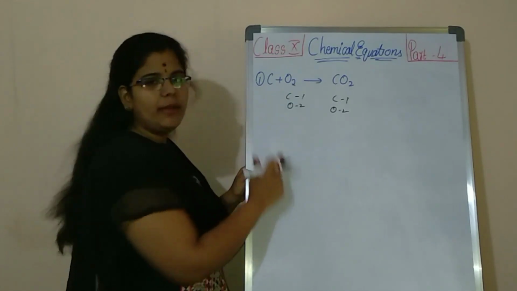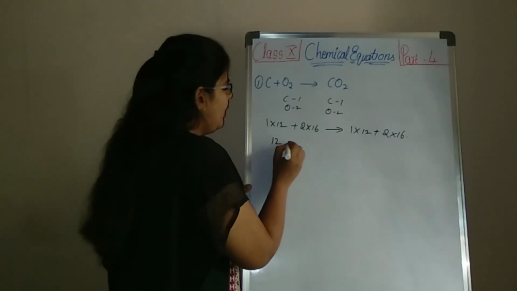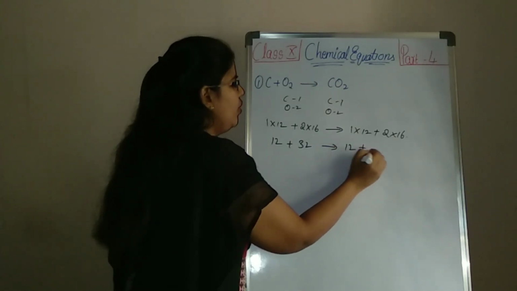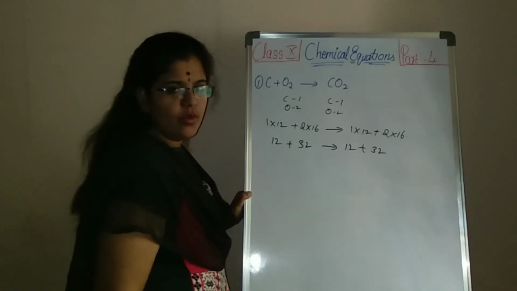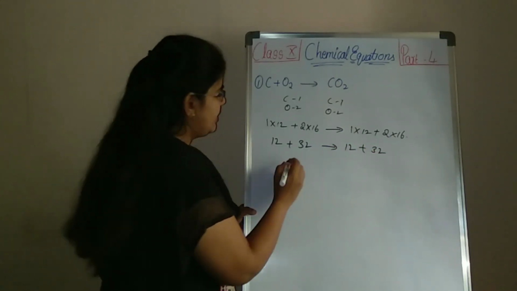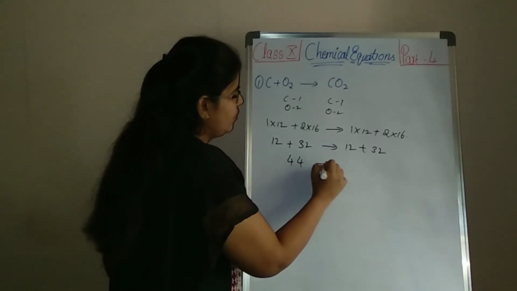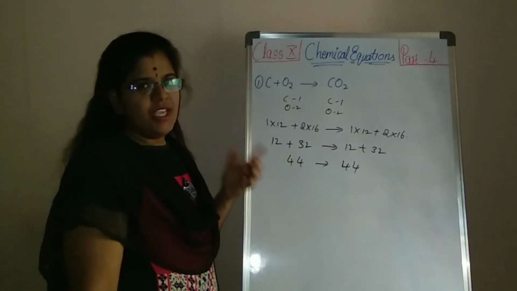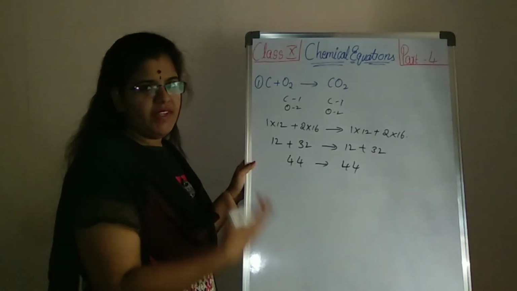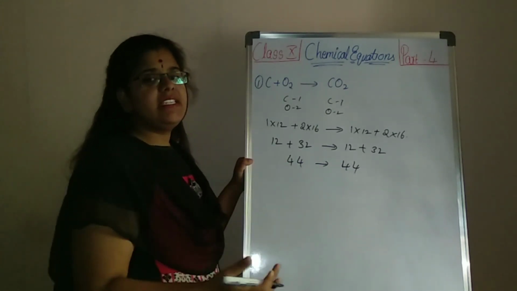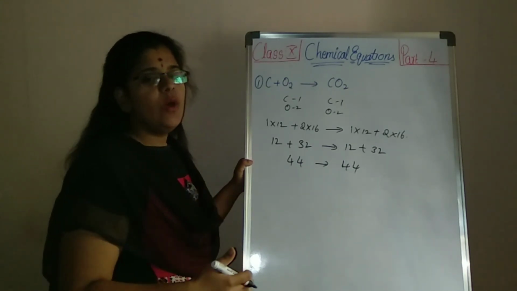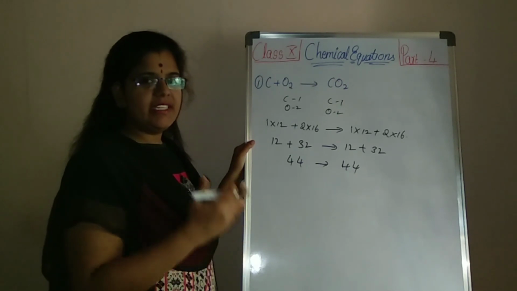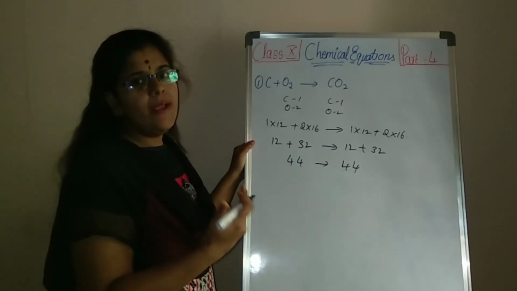So we get 12 plus 32 gives rise to 12 plus 32. 12 plus 32 is nothing but 44. So 44 equals 44. Isn't it the same? Yes. So the equation they have given is a balanced equation and it follows the law of conservation of mass, that is, the weight of the reactants is equal to the weight of the products.